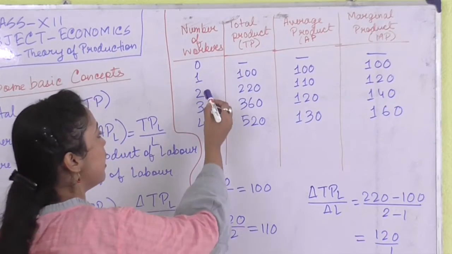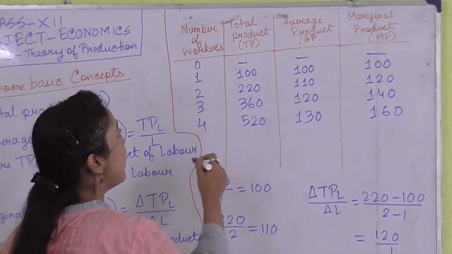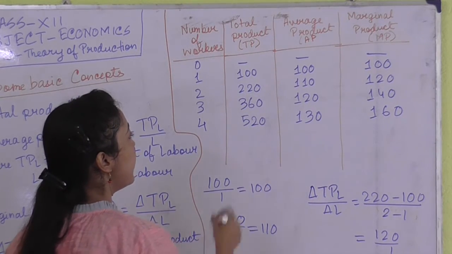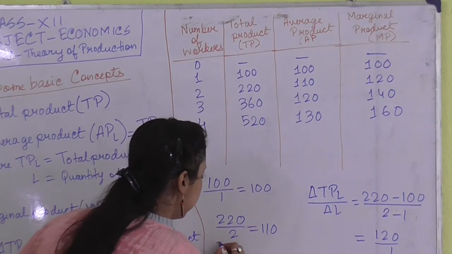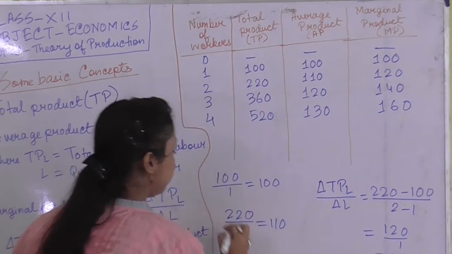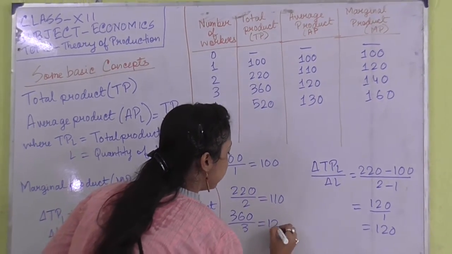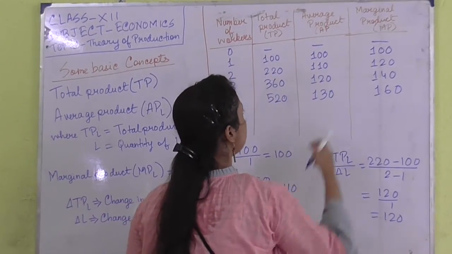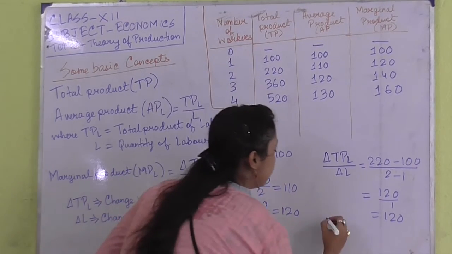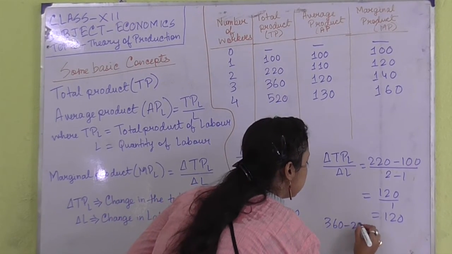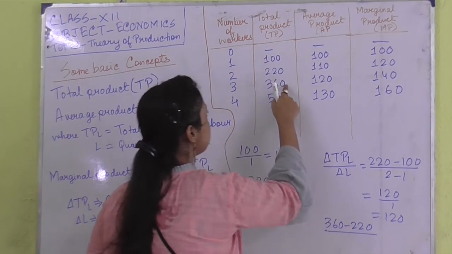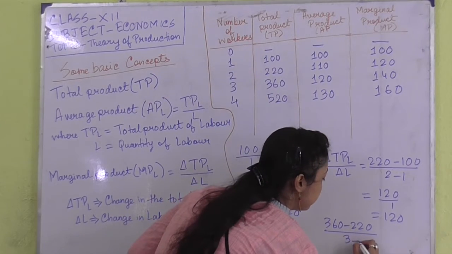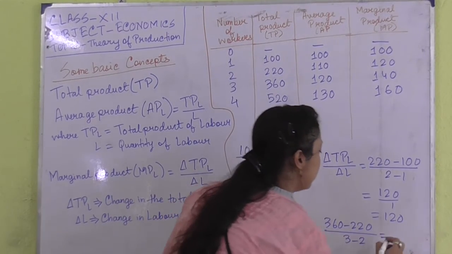Next, the number of workers increases from 2 to 3, and the total product increases from 220 to 360. Here the average product is 360 divided by 3, that is 120. So, 120 is our average product. Next we have to derive the marginal product. How will we derive it? 360 minus 220 divided by 3 minus 2.